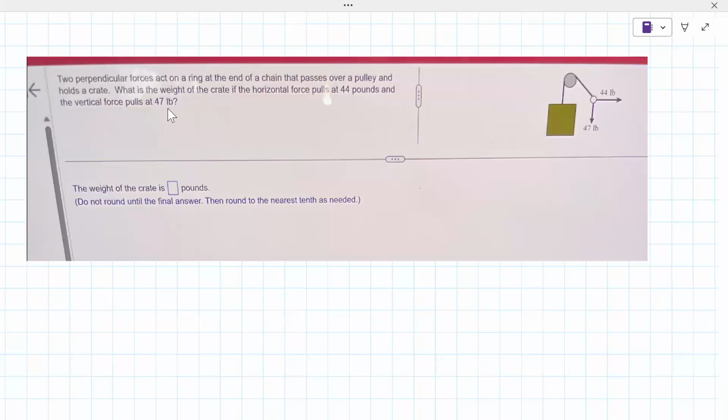So the tension in the pulley equals the mg of the crate down here. The idea, I guess, is that this T has both a Ty and a Tx component.